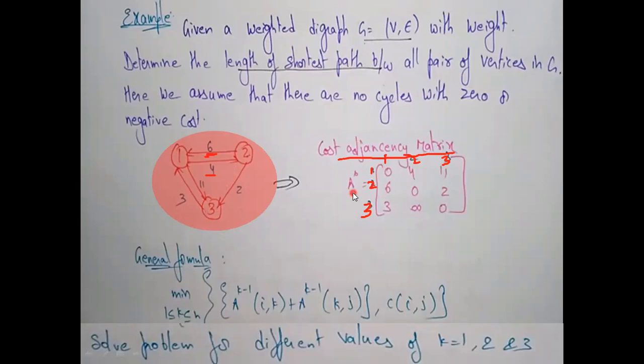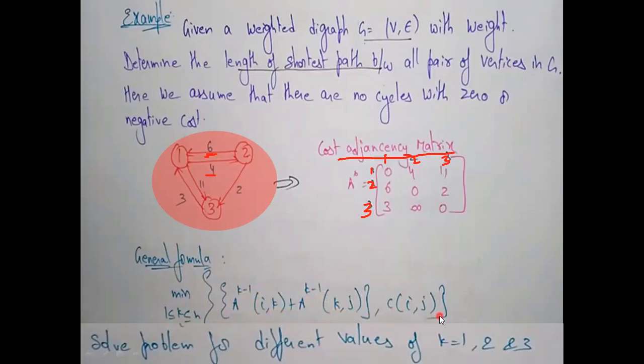It is called the A0 matrix. How many vertices? 3 vertices. So we have to find for k equal to 1, k equal to 2, k equal to 3. What is the cost? What is the shortest path? So we have to apply our general formula. We already know the formula: A^k of i comma j equals minimum of A^(k-1) of i comma j, and A^(k-1) of i comma k plus A^(k-1) of k comma j.